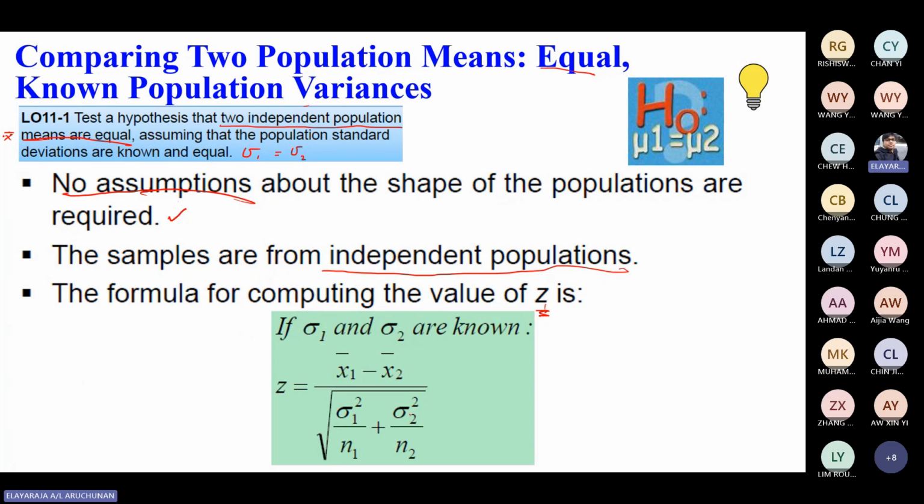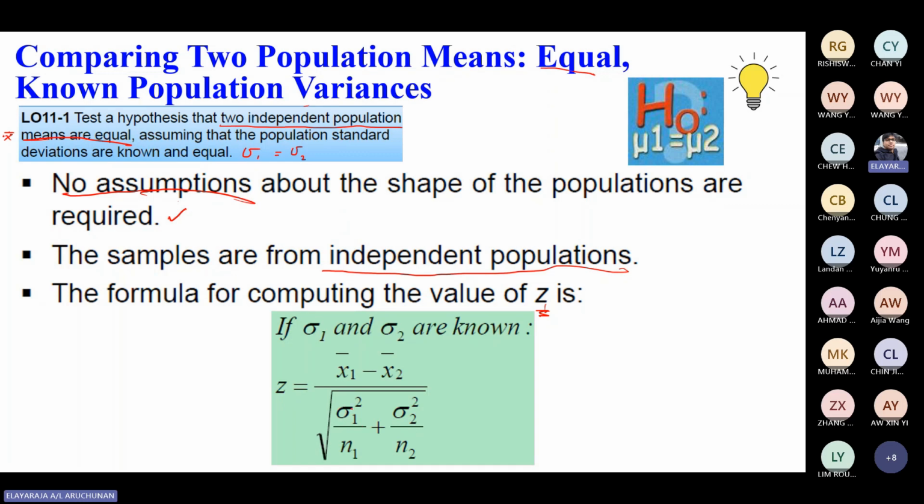for sample 1 and the variance for sample 2, each over n1 and n2, where n1 is referring to the first set of data and n2 is for the second set of data. So you need to choose the correct corresponding set.